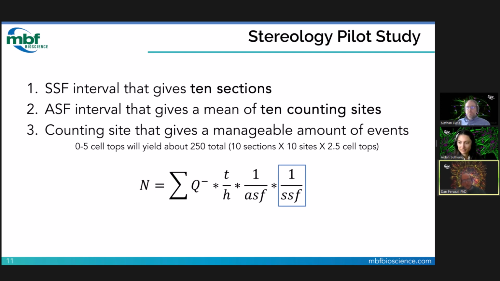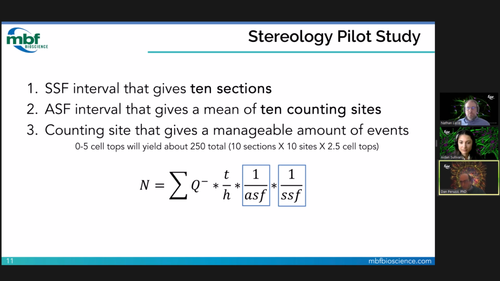So that's the criteria for the section subfraction. End up with about 10 sections to look at. For the area subfraction, we can see where that is in the formula. We want to choose an interval that gives a mean of about 10 counting sites. And we can even be more specific than counting sites. These are going to be dissectors.